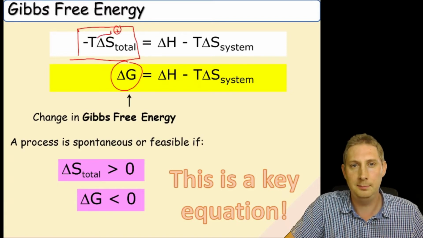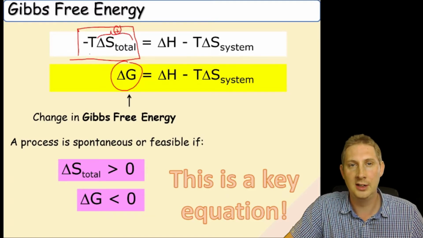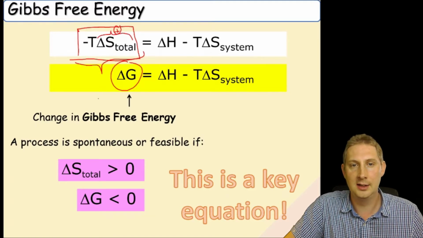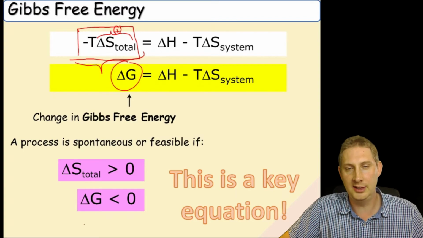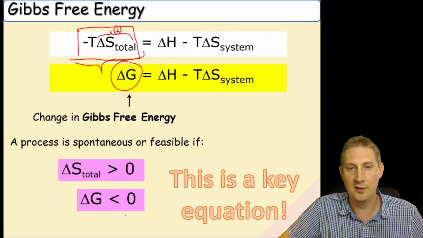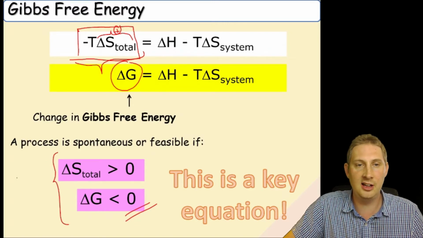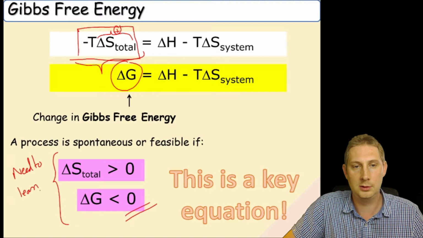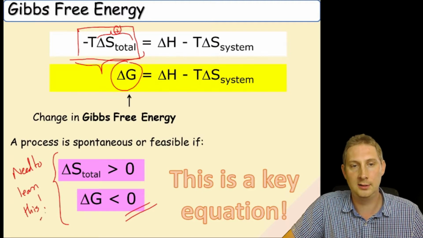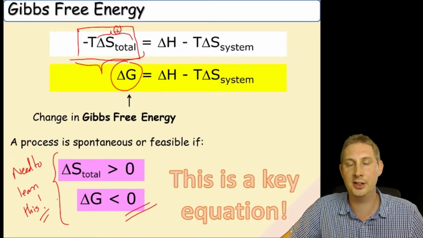In other words, that must be positive, so therefore delta G must be negative. So delta G must be less than 0 for a spontaneous process, and you just need to learn that. There's no shortcut. You just need to learn that delta S total needs to be greater than 0, delta G needs to be less than 0.